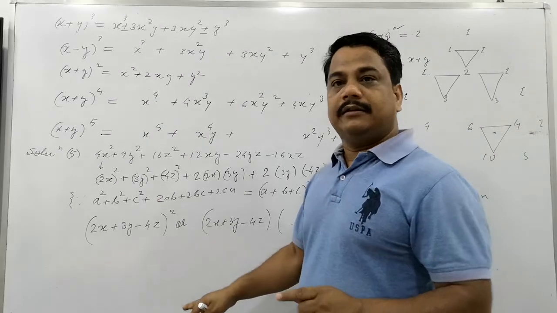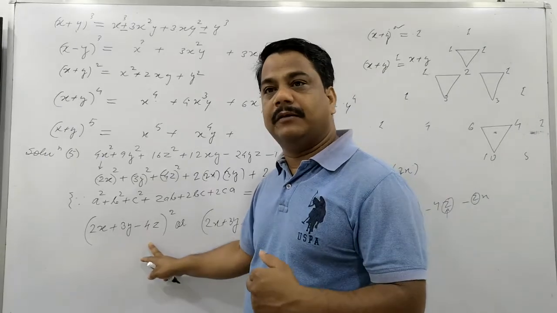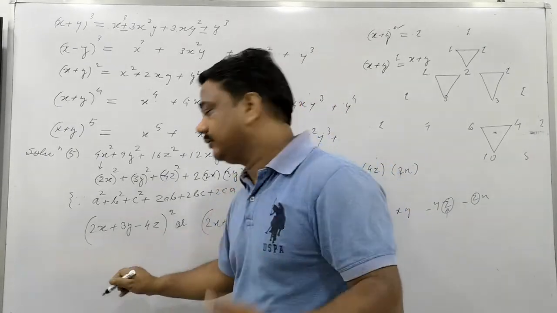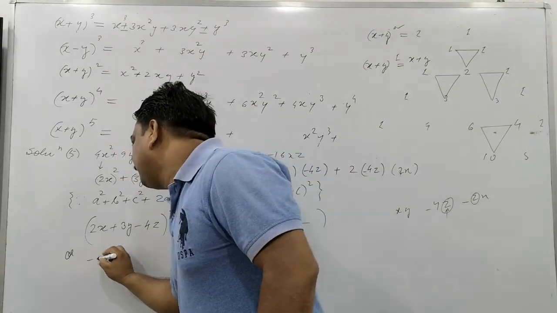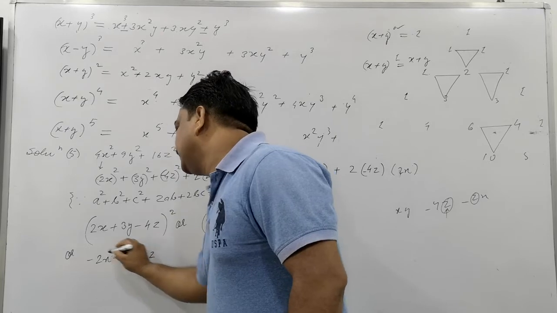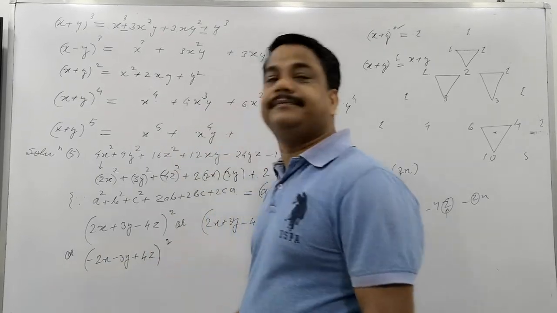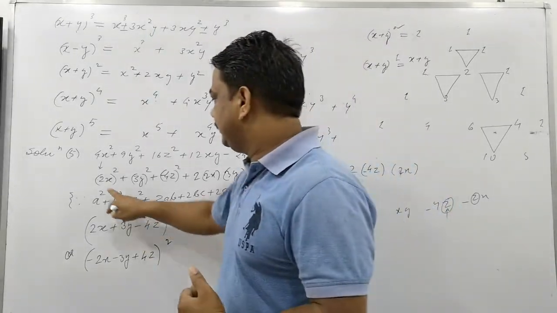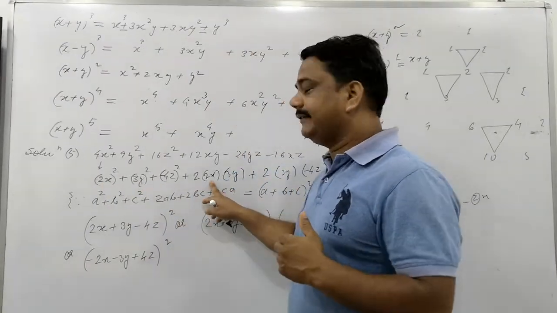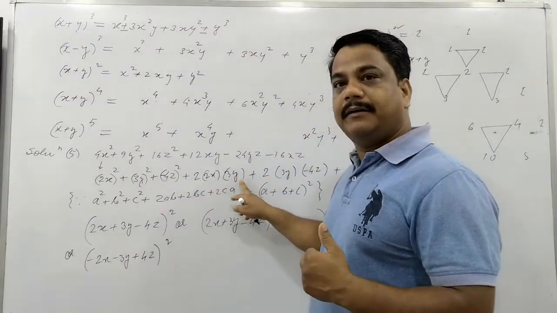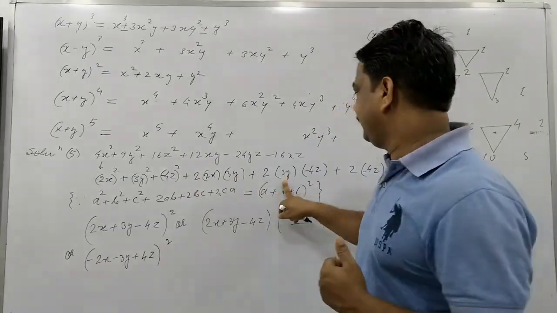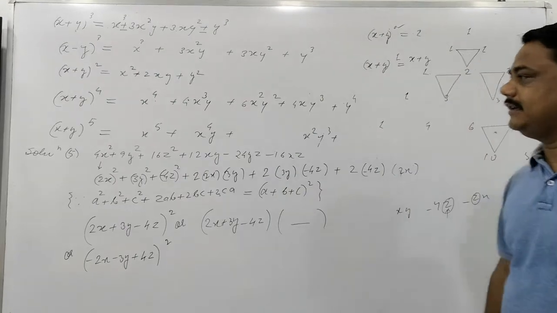Not only the expression with minus 4z, you can write also minus of 2x, minus of 3y and plus 4z. This is negative, it will become positive; this is negative, it will become positive. Here negativity of x and y, minus minus plus, so plus will occur here. But here it will be negative. Is that clear now? Yes.